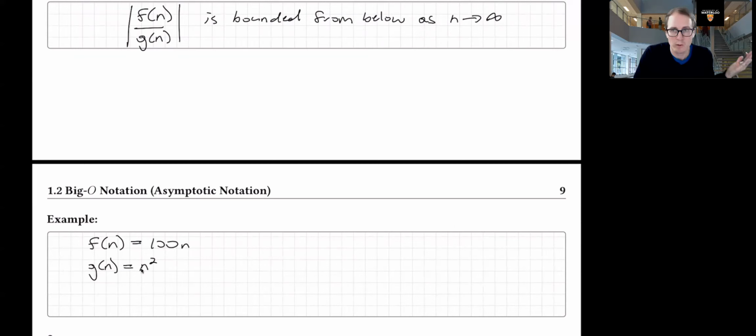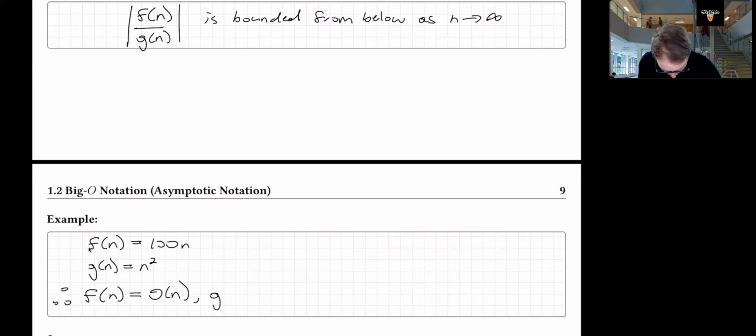And this one, for example, when n is 101, it's going to be 101 times 101. So g will eventually beat out f. And so this means that f of n, first of all, is big O of n. We also have g of n is big O of n squared.